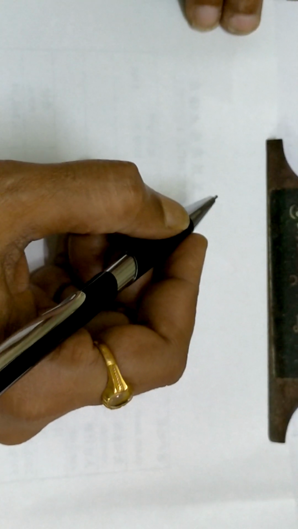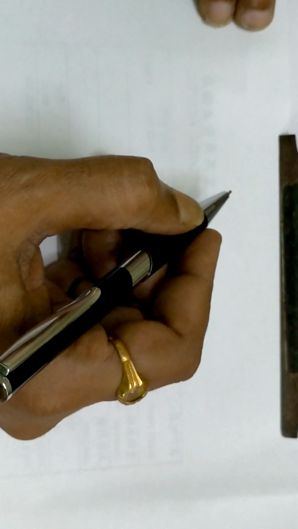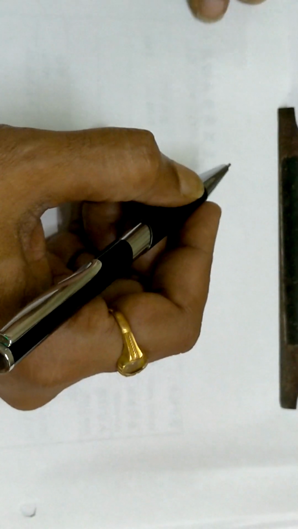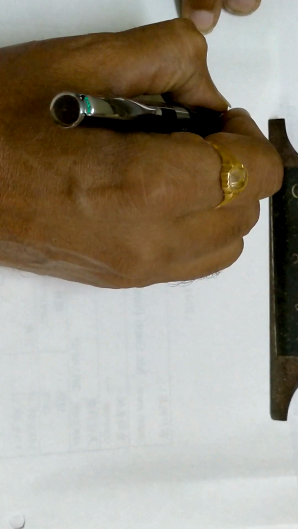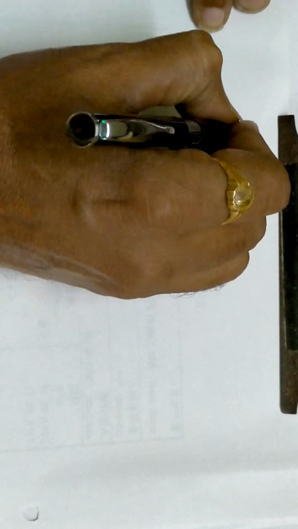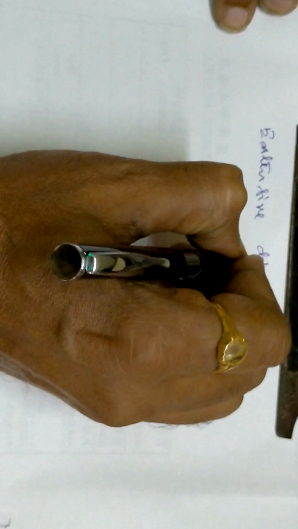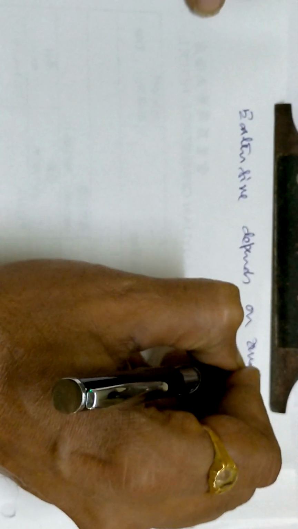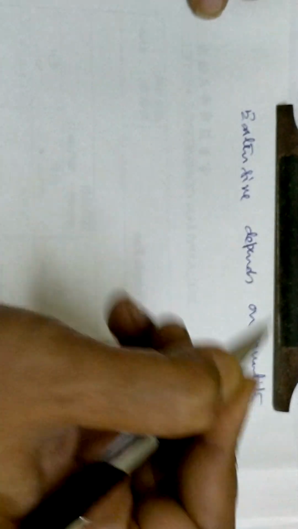What is an extensive property? It is a property of a substance whose value depends upon the quantity of the substance.